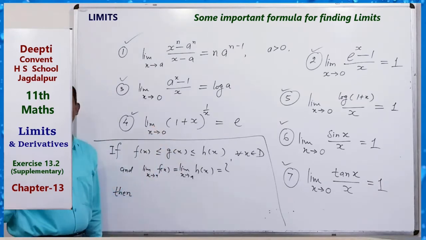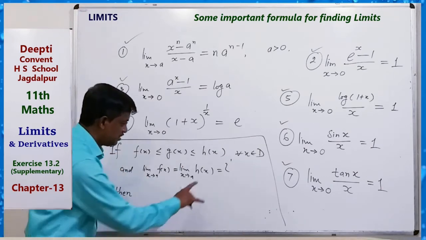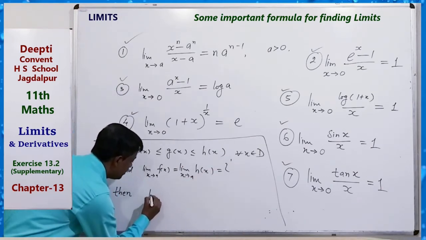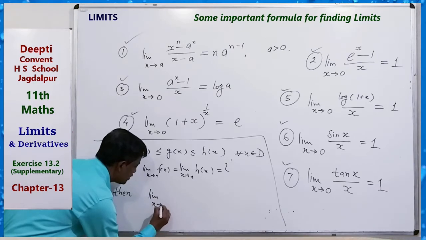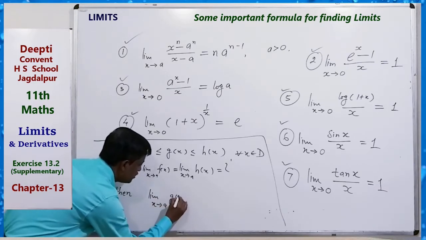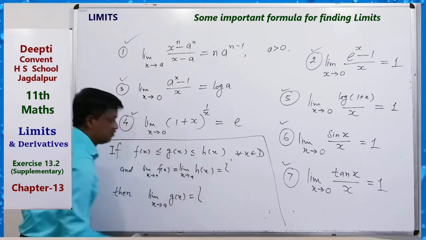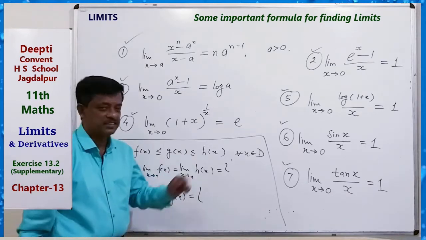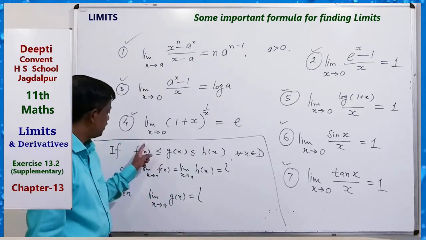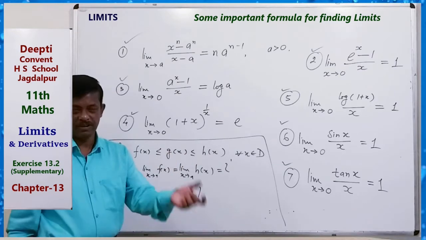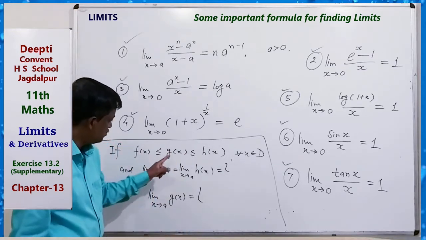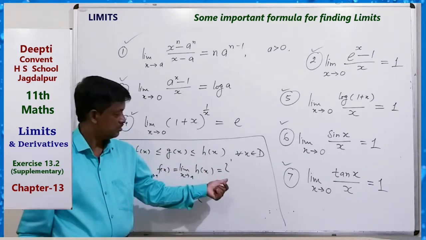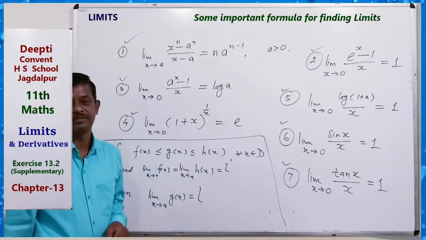the function g(x) in between also has limit L. If these three functions are like this, and f(x) and h(x) have the same limit, then the limit of g(x) is also that same limit.